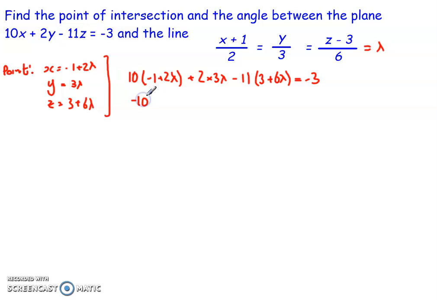I get minus 10 plus 20 lambda plus 6 lambda minus 33 minus 11 sixes, so minus 66 lambda equals negative 3. Gather all the lambdas together and then all the numbers, so 20 plus 6 is 26. Take away 66, that gives me minus 40 lambda.